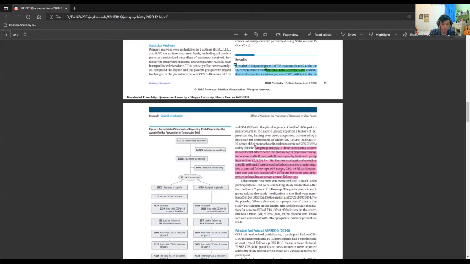Antidepressant use was not statistically different between treatment groups at baseline or across annual follow-up. So the key of this text is here: no significant difference. From what we know from the analysis, there is no significant difference.